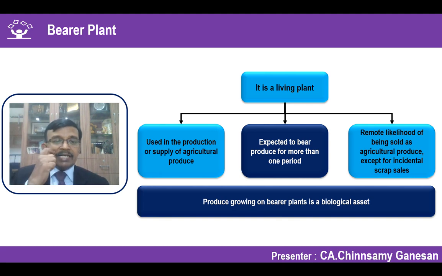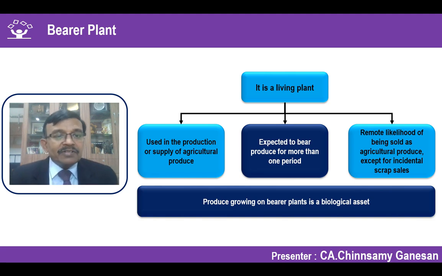Like they are slaughtering an animal, they are slaughtering the rubber trees to get the balance output of latex, and then it is sold maybe as firewood or for manufacturing furniture and other items. To that extent, it is only sold as scrap. Still, it is a living plant which is expected to produce latex for more than one period, and it is used in the production or supply of an agricultural produce which is latex. So in that case, it is called a bearer plant.